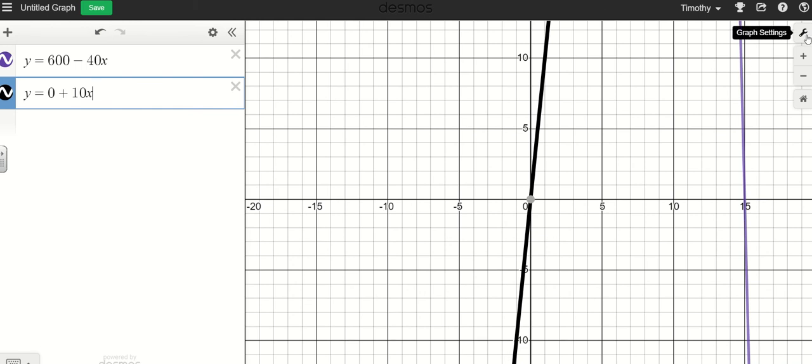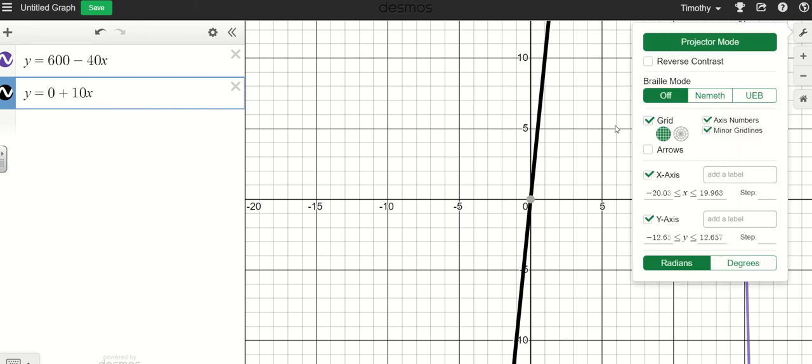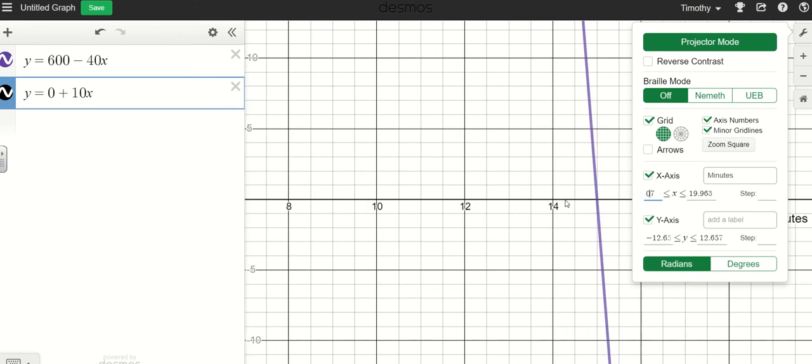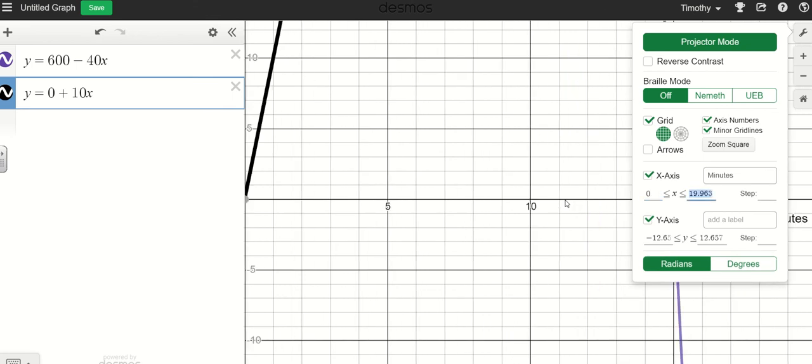So I'm going to go into graph settings, and I'm going to change my x-axis so it really only goes by positive numbers. And x really represents my minutes. So I'm going to say my x-axis label is minutes, and I'm going to change it so it goes from 0 to, let's say, 20 minutes.